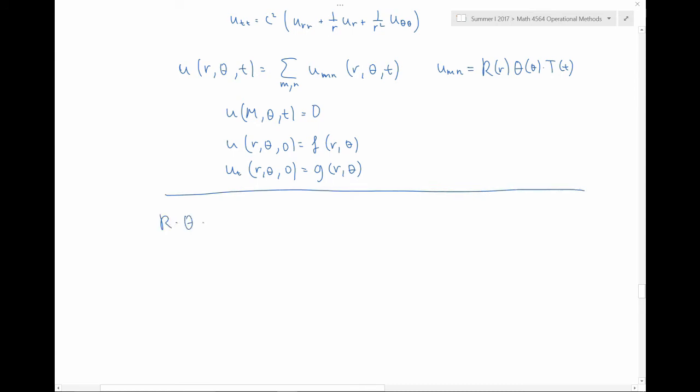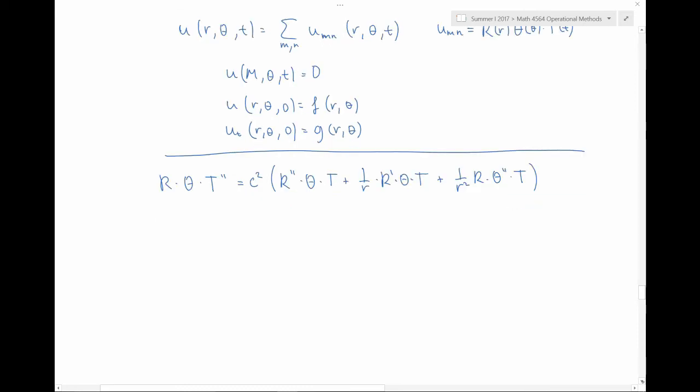R times theta times T double prime should be equal to c squared times R double prime times theta times T plus 1 over r times R prime times theta times T plus 1 over r squared times R times theta double prime times T. First I'd like to single out theta.